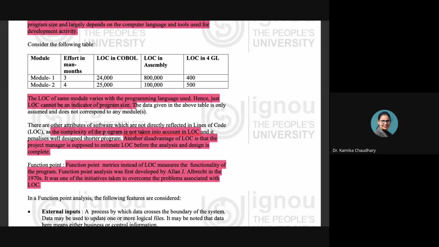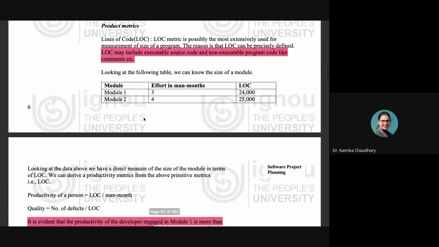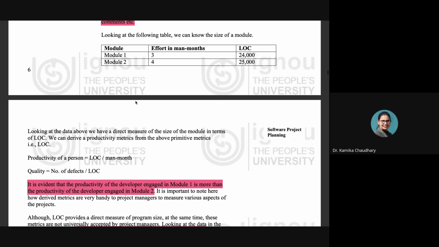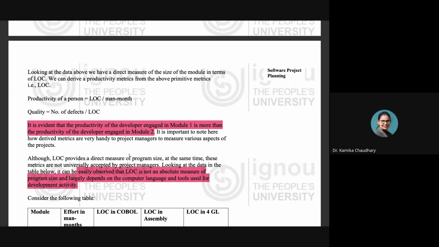That is why we are going to move on to another type of metric, which is our function point metric, right? So till here we have seen how lines of code affect the productivity of a person, or help us calculate the productivity of persons, and then quality can also be calculated with that. But with time it was observed that lines of code cannot be the only factor utilized for the measurement and estimation of any software project.